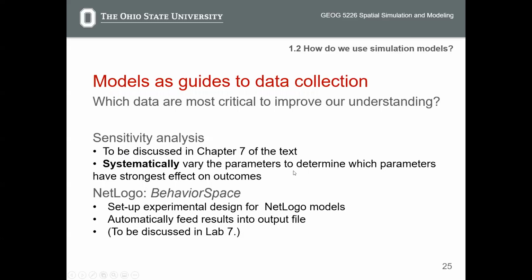Systematically vary the parameters to determine which parameters have the strongest effect on outcomes, which means that when we're using models to guide us for data collection, we will have to choose some variables, because there could be multiple variables you can collect, but you don't have the resources to collect all of them.